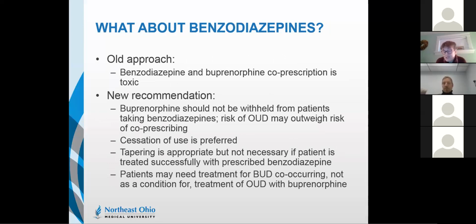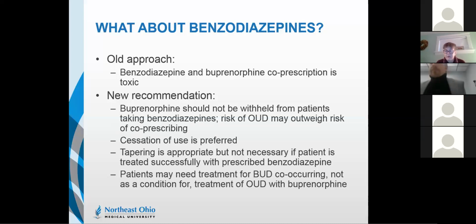However, we've had some recent changes in our approach to this, where we used to think it's an absolute contraindication to prescribe buprenorphine to a person with a benzodiazepine, either a prescribed or an illicit one. We're now saying that buprenorphine shouldn't be withheld from those patients because it can make a difference to their opioid use disorder, and that we should instead address that benzodiazepine as time goes on.